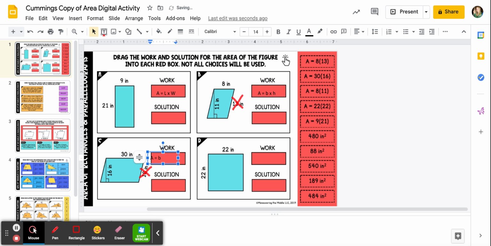Make sure you use the correct numbers, drag the solution in the box. And I forgot, you're just dragging the work and then you're dragging the answer that you got in your calculator.